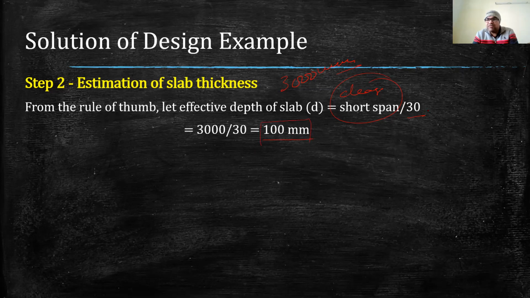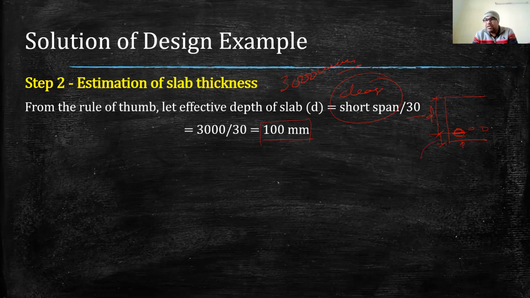That is the effective depth. I would like to remind you that effective depth is generally measured from the center of the reinforcement to the topmost fiber of the slab. So that is the D. Now, as it is measured from the center of the reinforcement, we also need clear cover plus the dia of reinforcement.